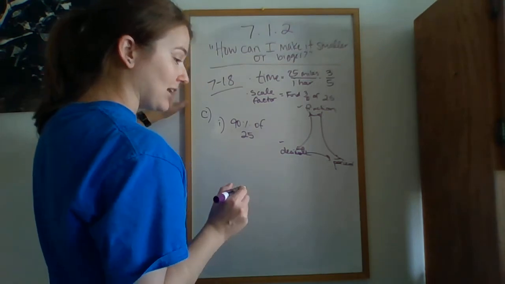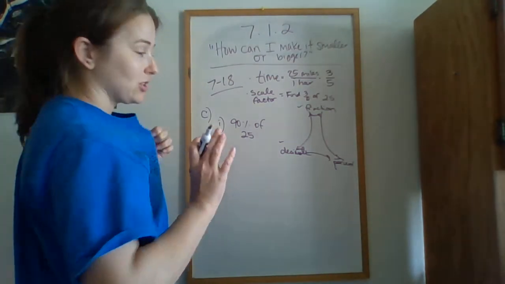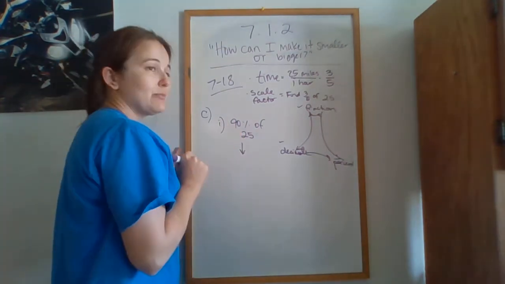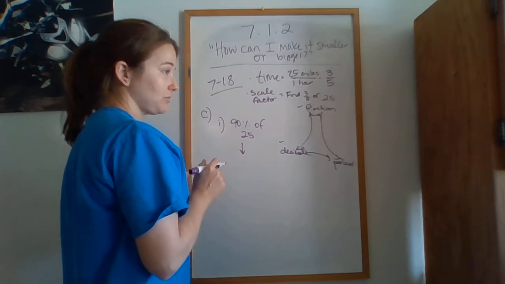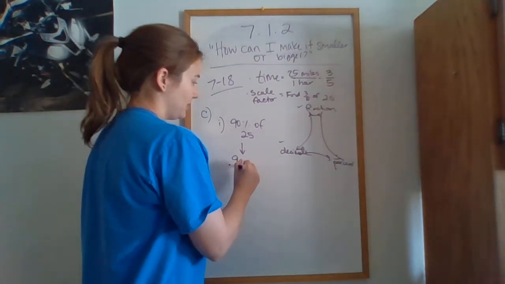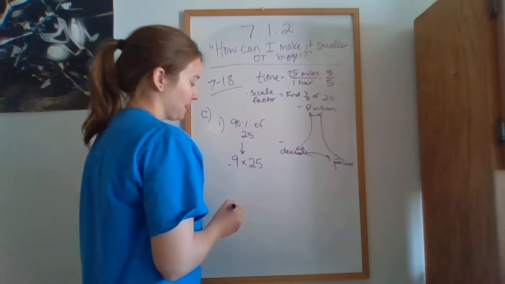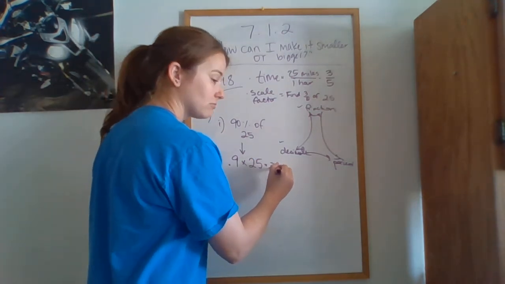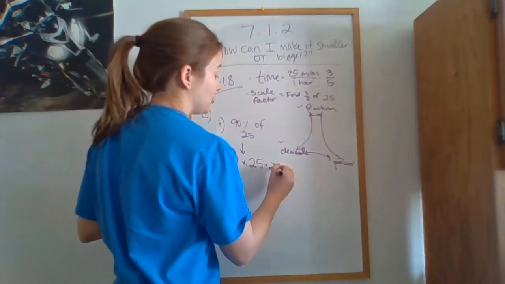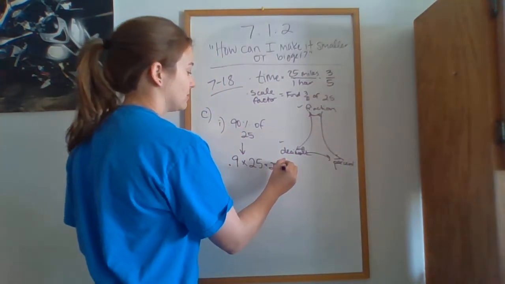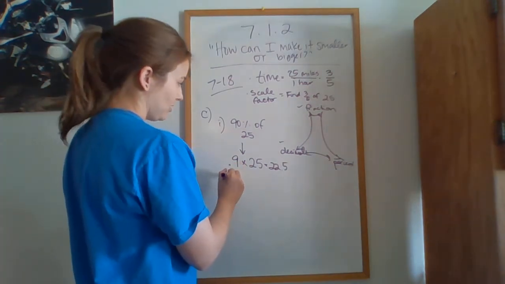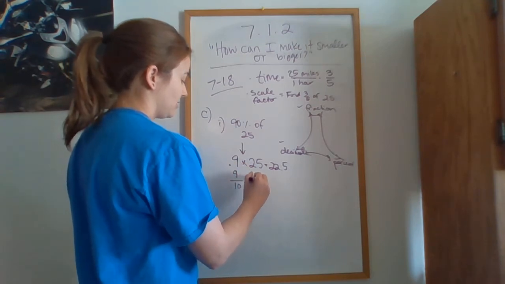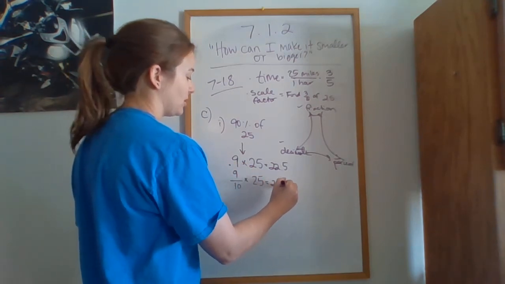So I'm going to write it as both a decimal and a fraction because we're able to do that. If I wrote 90% as a decimal, it would be 0.9 times 25. And then I put that in my calculator and I got 22.5. And then my next one was the fraction, so I just did 9/10 times 25, which is the same thing, 22.5.